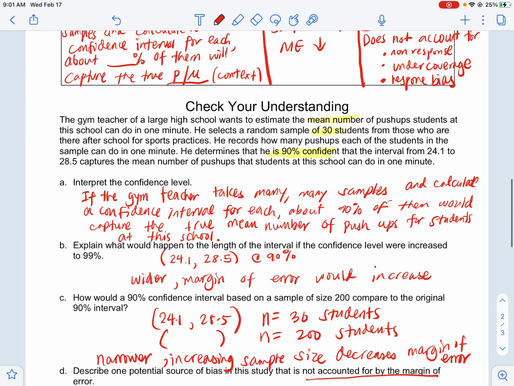So response bias, because he's looking at them doing push-ups, it's not like, okay, I did 5 push-ups. Maybe a response bias would be a student saying, I did 50 push-ups in 1 minute and then lied about it, right? But the gym teacher is actually recording the push-ups of each student in 1 minute. So he's there, so they can't lie about it. So response bias wouldn't be something that is happening here.